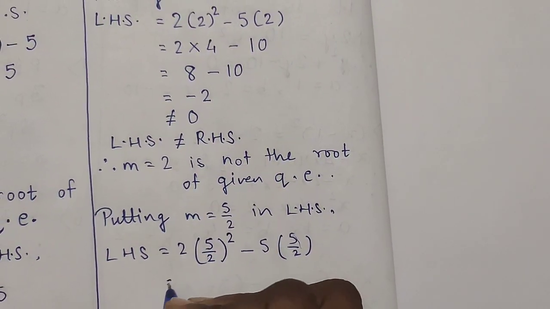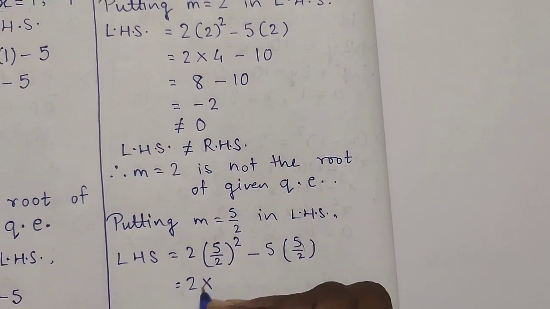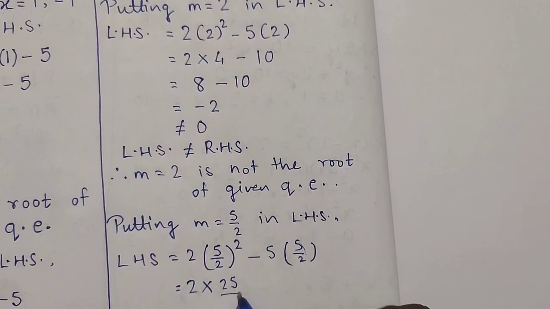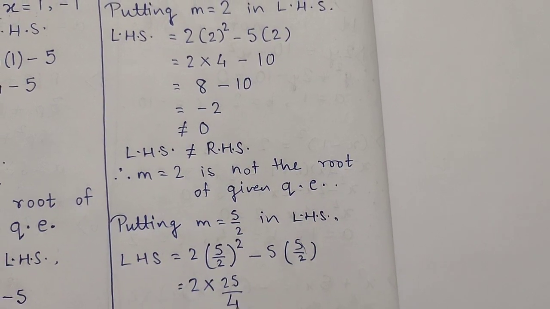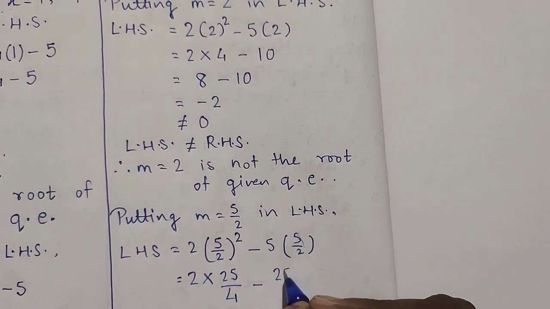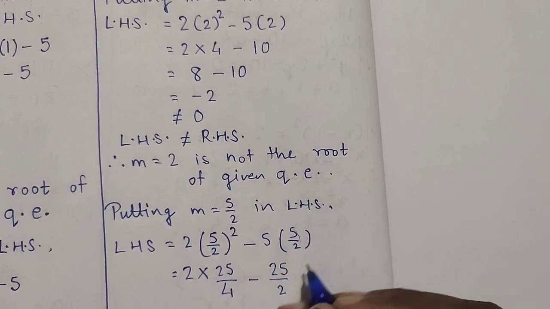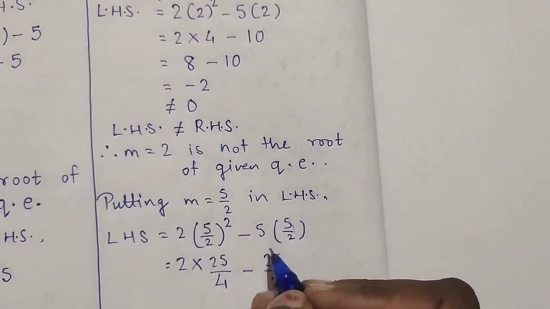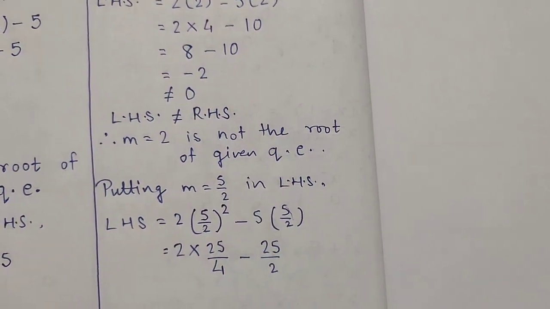Now let us simplify this. This is 2 into, now take the square of 5, that is 25, and what is the square of 2? 4, minus, here 5 times 5 is 25 upon 2. Okay, multiplication is straight, that is numerator with numerator and denominator with denominator.